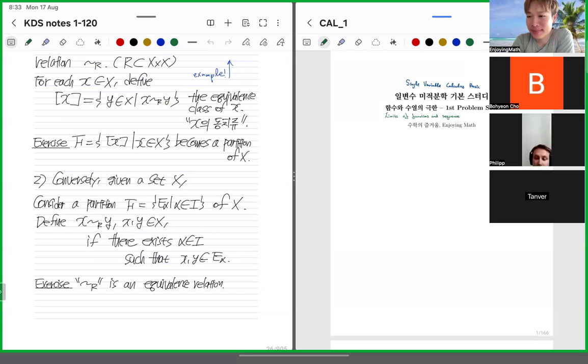Yeah, so technically for the injective definition, every element of the domain is uniquely related with elements in the codomain.